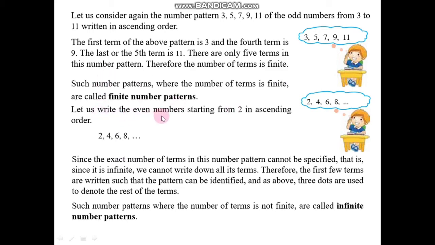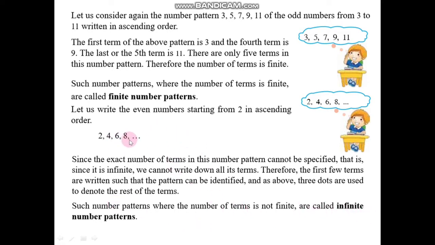Let us write the even numbers starting from 2 in ascending order. Here I explain you what even numbers are. From 2, and they have not given a limit. So this is a continuous one and it goes up to infinity. So these types of number patterns we call as infinite number patterns.